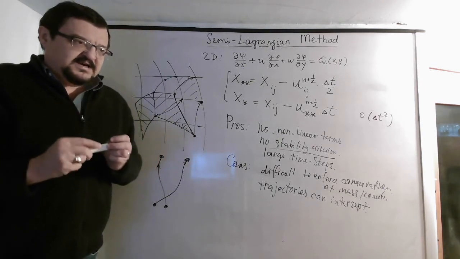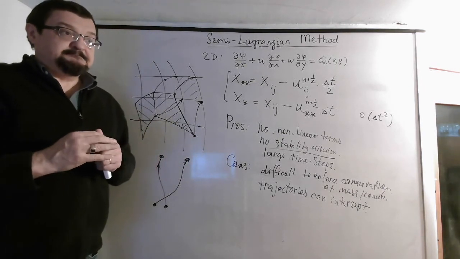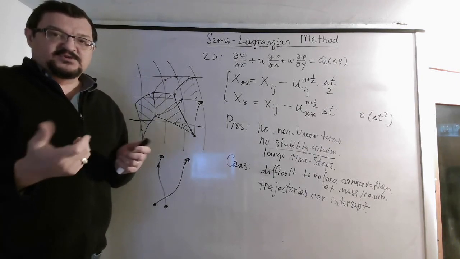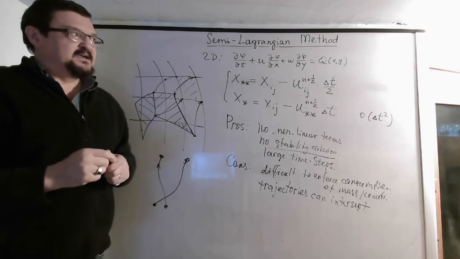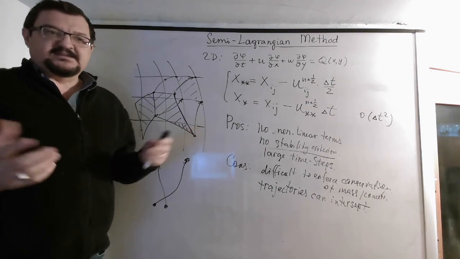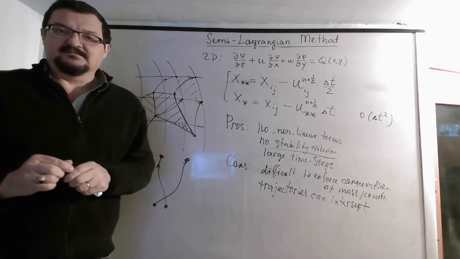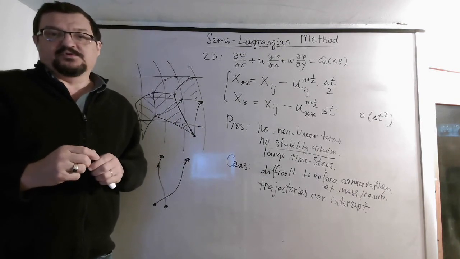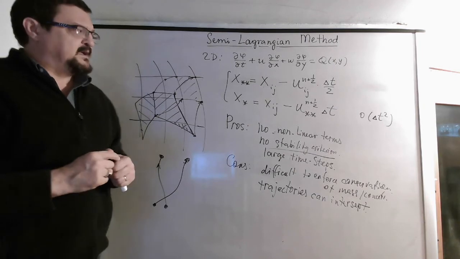So overall, semi-Lagrangian methods are very widely used. For example, the IFS model, the so-called European model, the gold standard for weather forecasting, the state of the art of weather forecasting modeling in the world right now.